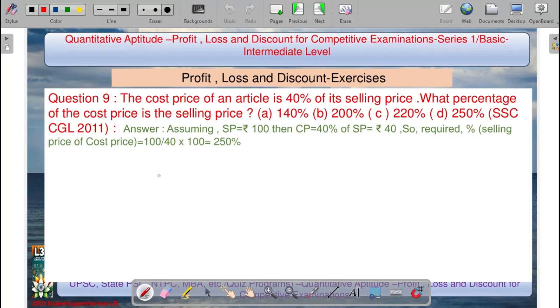Next question, question 9. The cost price of an article is 40% of its selling price. What percentage of the cost price is the selling price?